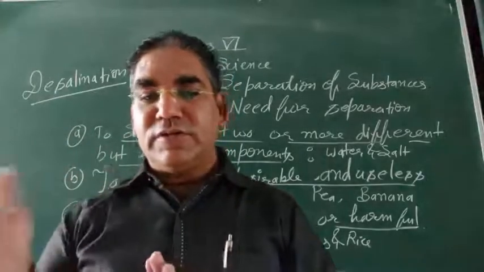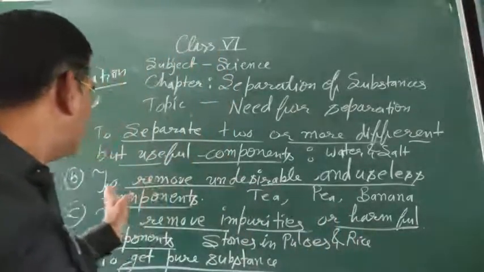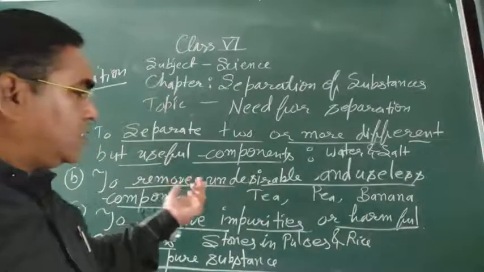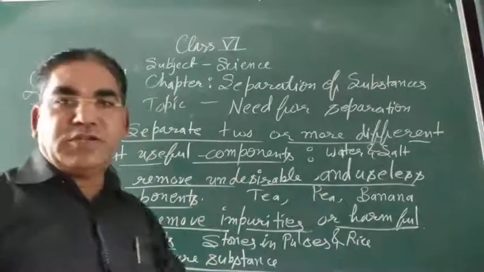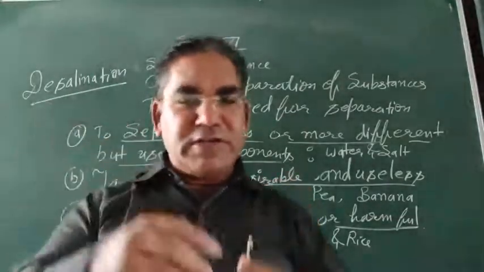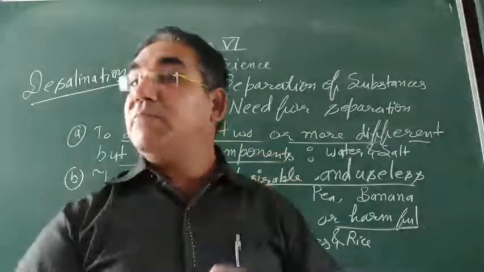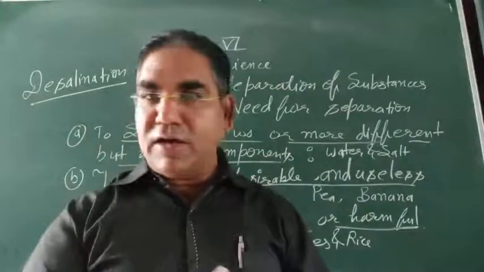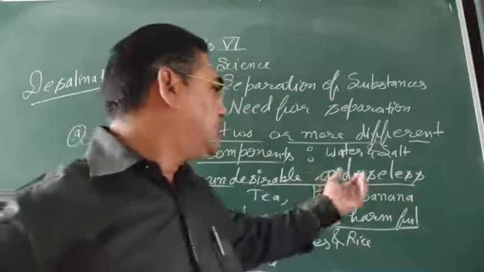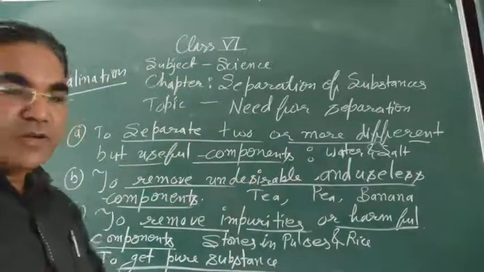So it is important to remove harmful, undesirable and useless components. Before cooking a number of vegetables, we remove their peels. Banana, fruit peels, we remove them. So this is to remove undesirable and useless components.